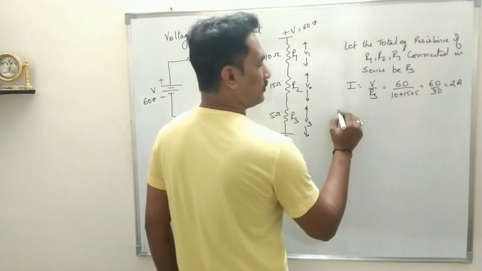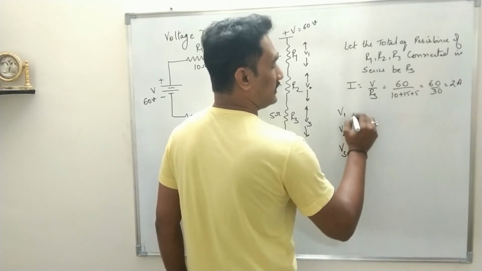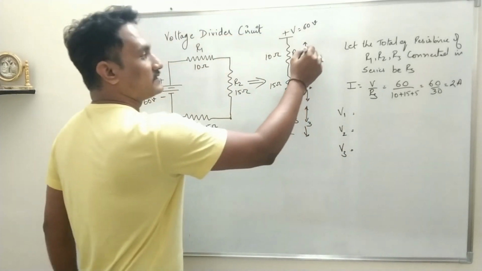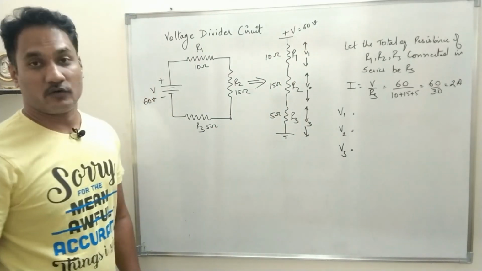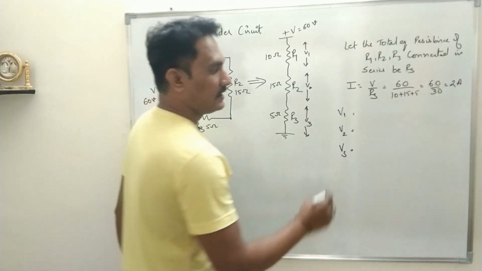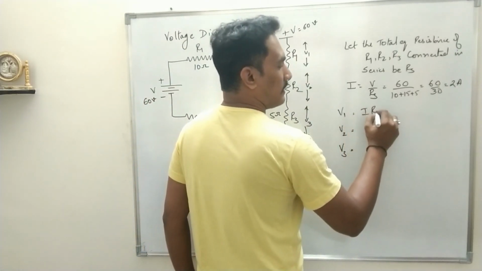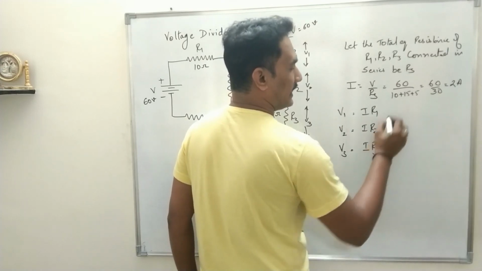Now we have to calculate voltages V1, V2, V3. So what will be V1? V1 is the voltage drop across R1 when current is flowing through it. What is the current? We have calculated. The same current is going to flow through all the resistances. So it will be I R1, similarly V2 is I R2, similarly V3 is I R3.